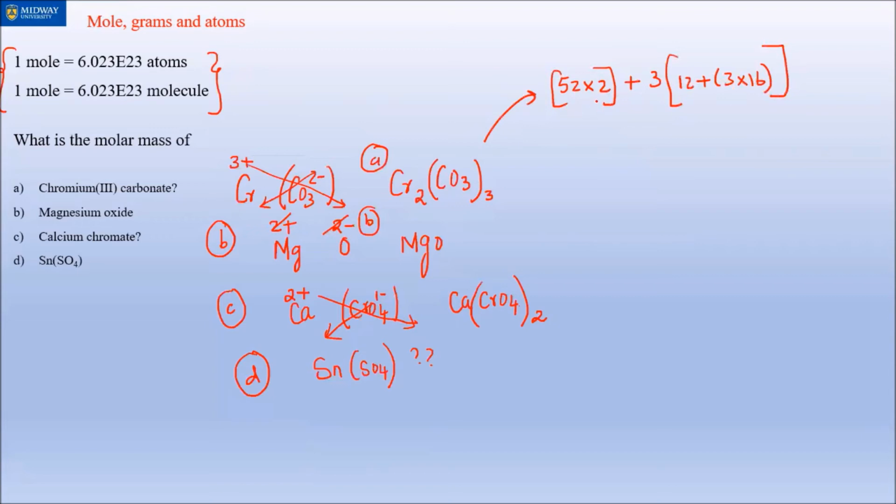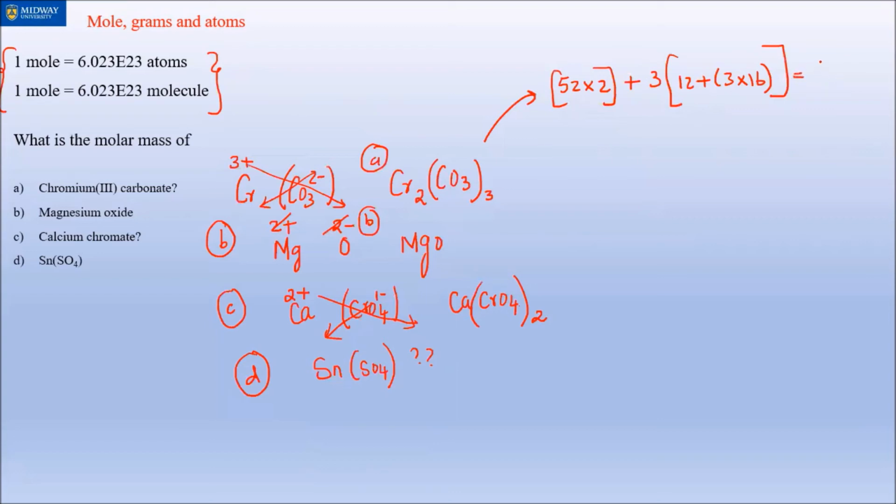So total this out, which will come out to be 52 times 2 plus 48 plus 12 times 3, right? It's 284 grams per mole.